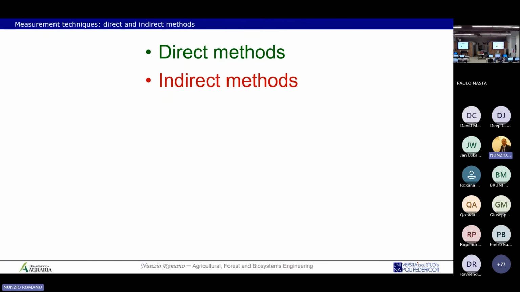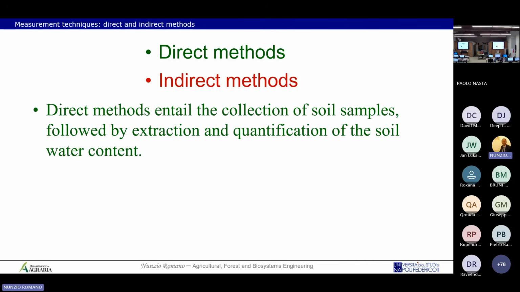So after the definition, let's move to the most important measurement techniques. We can split these mostly into two main categories: the direct methods and indirect methods. And of course, as the word says, the direct methods imply the collection of soil samples and using these to quantify the soil water content.